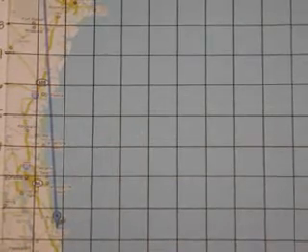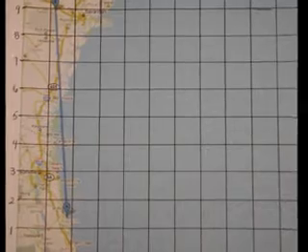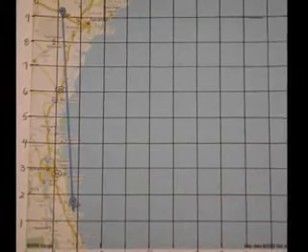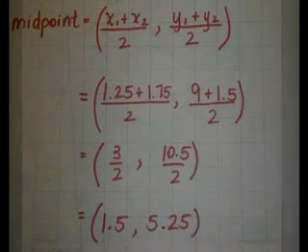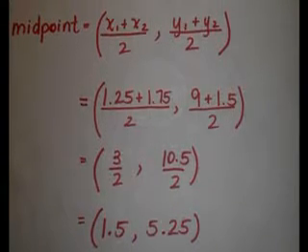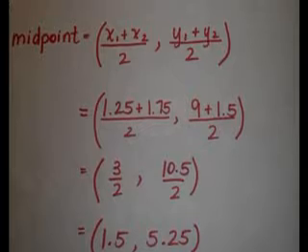Let's look back at the map the Dysons were using earlier. Let's take another look at our coordinates for our start and end points of our trip. We will use these points to find the halfway point of our trip. By using the midpoint formula, we can find the halfway point of our trip. We will use the same coordinates that we used to find the distance of the trip.